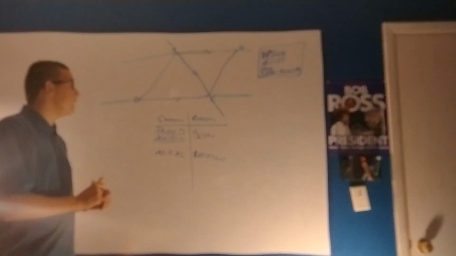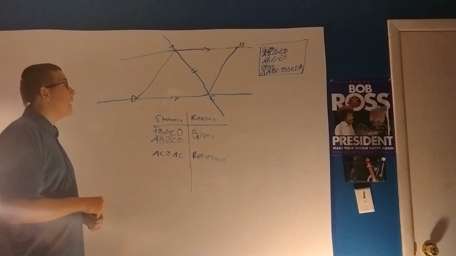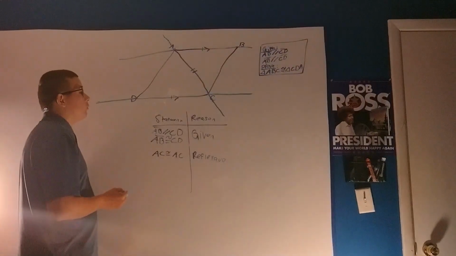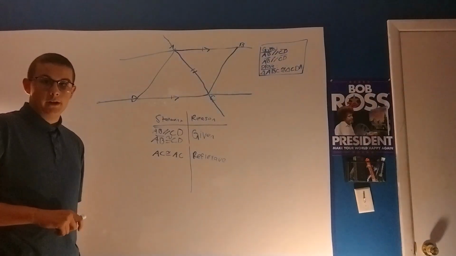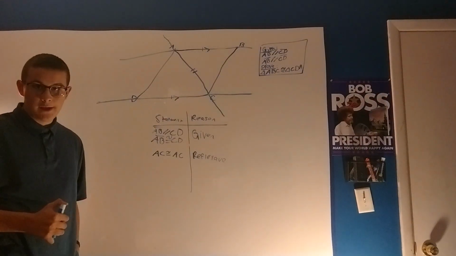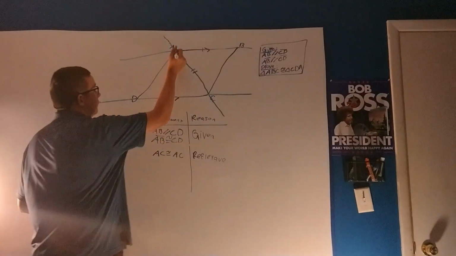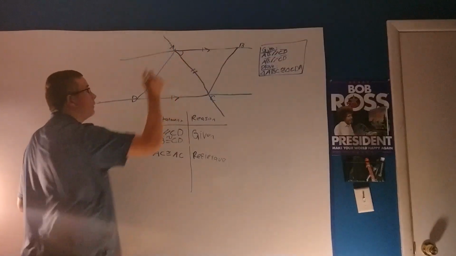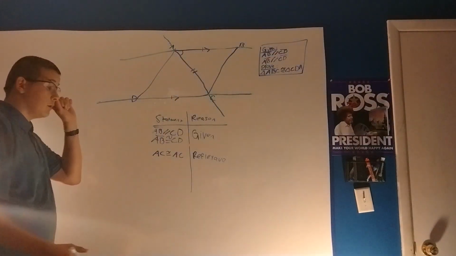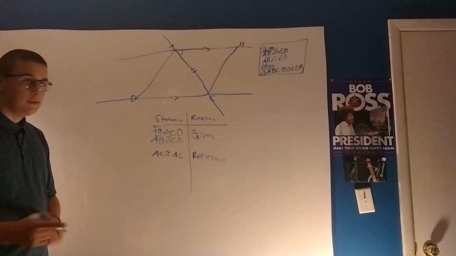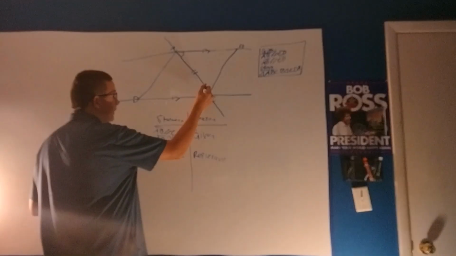So we can do anything, but let's do the alternate interior angles. Let's choose this angle here to work with. And from here, on the opposite side and inside would be this angle here.